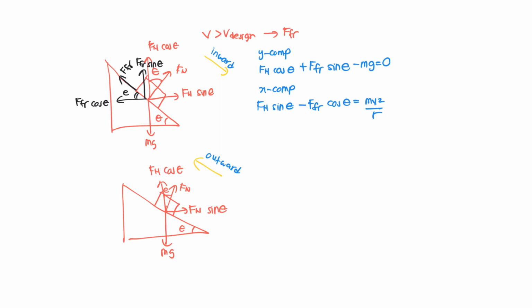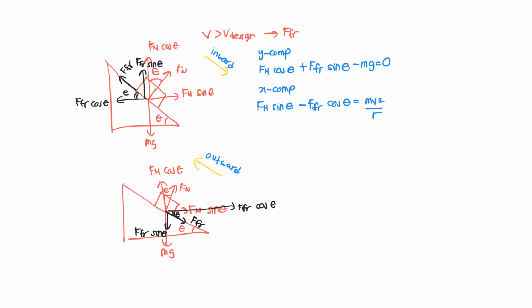If you drive with speed more than design speed, your frictional force is going to be in that direction. Therefore when I resolve, I'm going to get FFR sin theta, because my angle is here, and another one is going to be FFR cos theta.